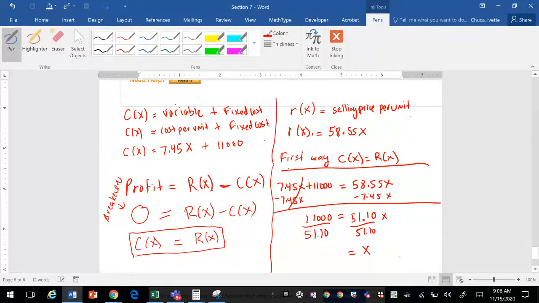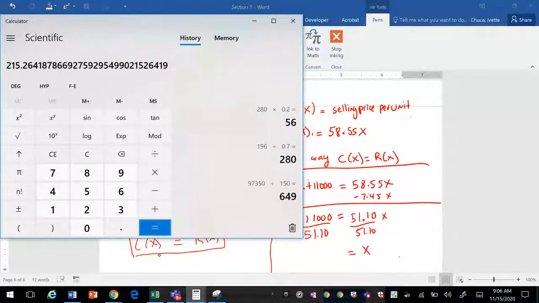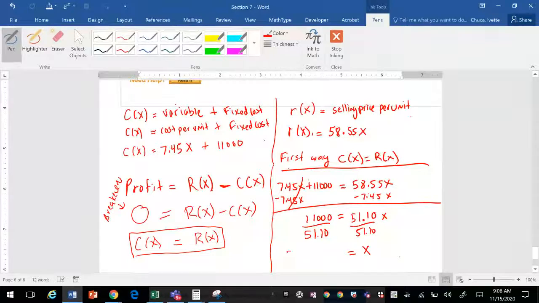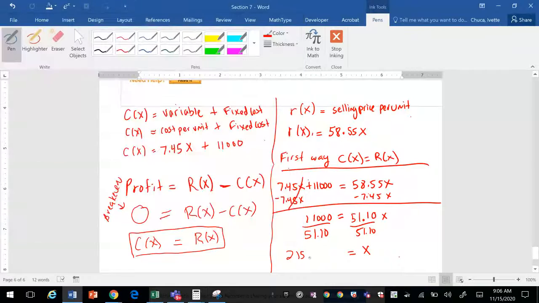So x is 11,000 divided by 51.10, and we get 215.26.